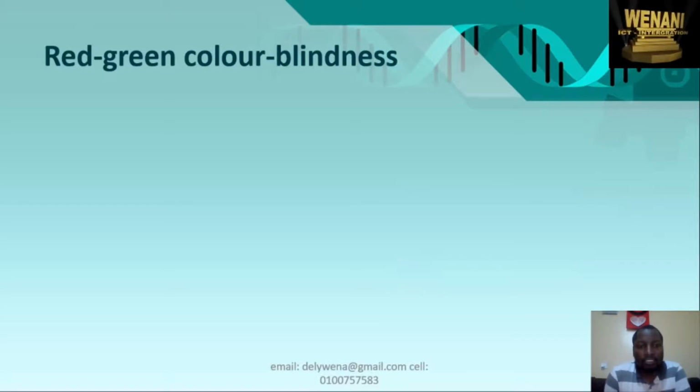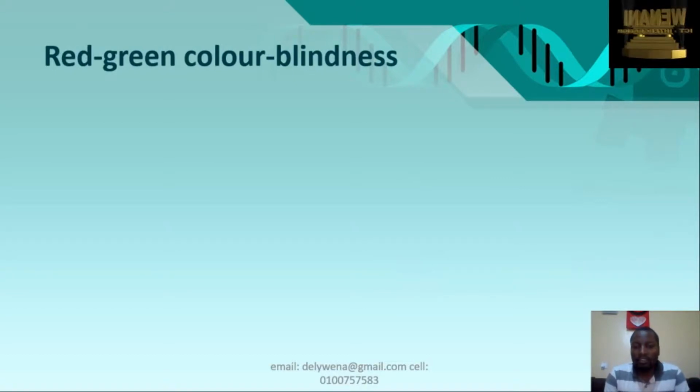It is inherited in the same way as hemophilia, and it affects more males than females. Actually, 1 in every 10,000 males is colorblind, but less than 1 in 100 million females is affected. It is the inability to distinguish between red and green colors in humans.